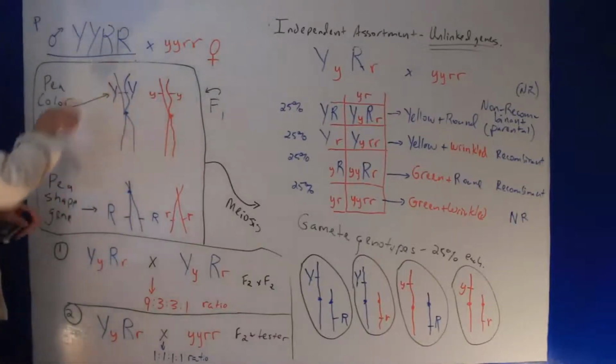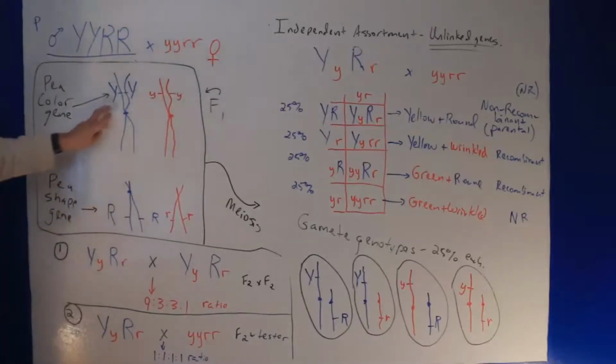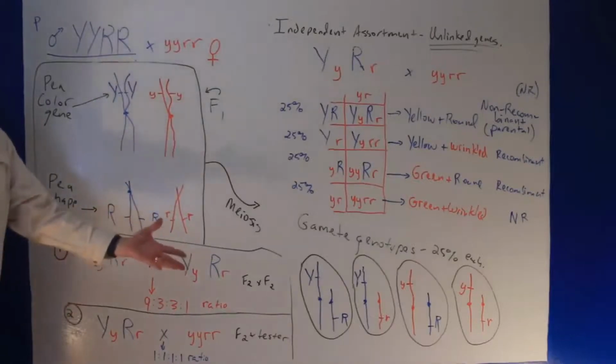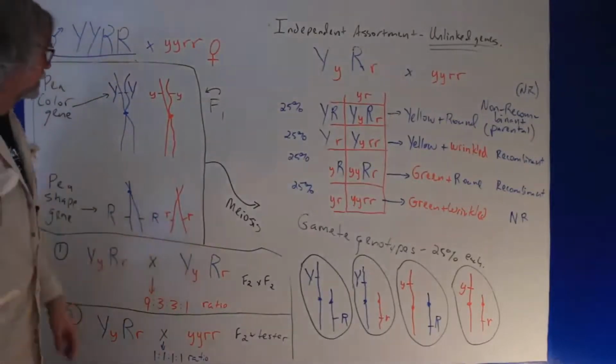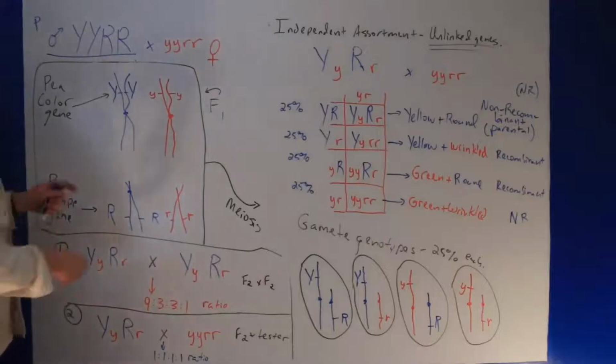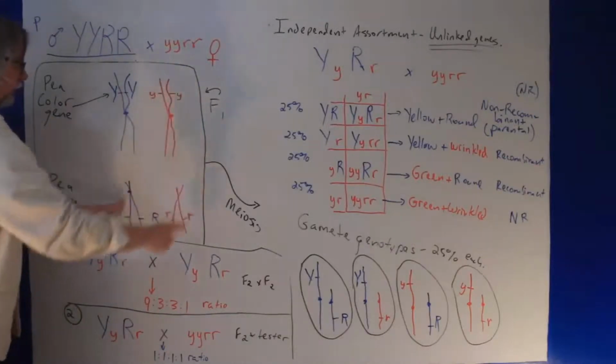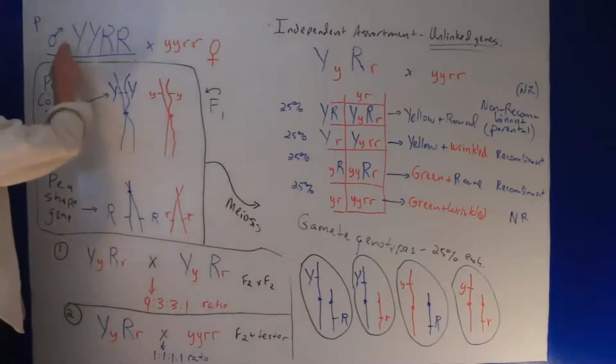The chromosomes are in duplicated, replicated form here, so they have two sister chromatids that are identical. The gene for pea shape is on a different chromosome. They're unlinked. That's what unlinked genes are, on different chromosomes. And it's heterozygous again, one allele coming from the female parent, the other allele coming from the male parent.